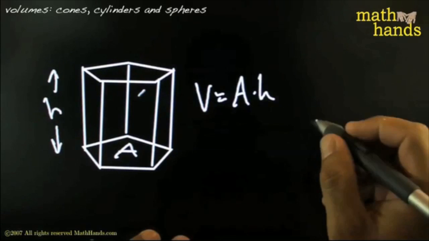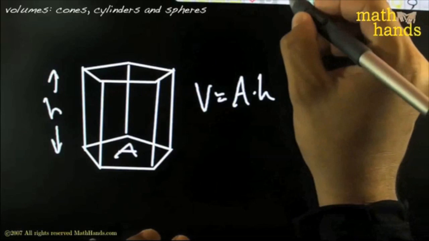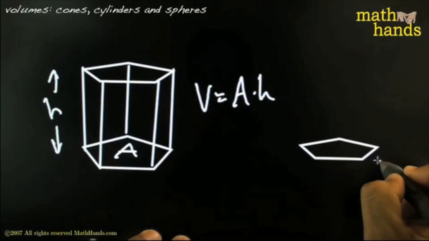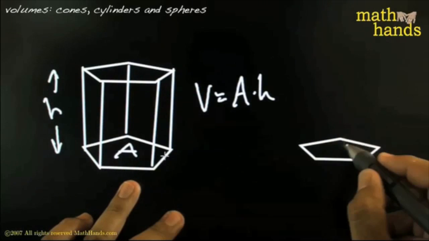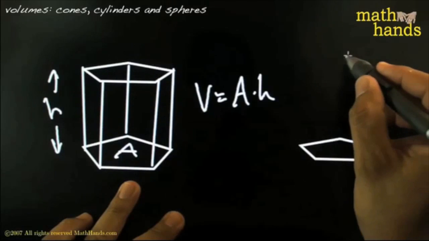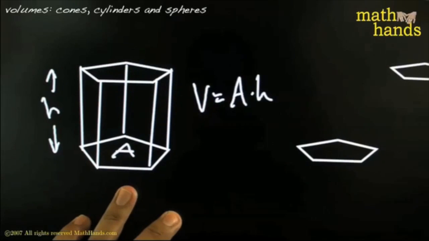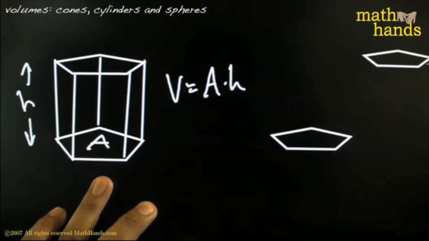So here's another playful question that we can just entertain. What if you had the same sort of scenario here, some area on the bottom, but this time it was the same height, but it was slanted, kind of like so.